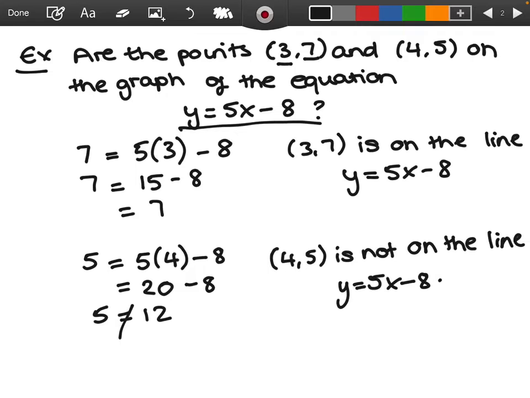But the general form of a line is normally something times x plus something times y is equal to a constant. So same deal as what we have done here, except this time I'm going to plug a particular point into a line that is put in general form and not the slope-intercept form. It's going to work in exactly the same way where I plug in x and I plug in y and I see if the equation is satisfied. It's just going to look slightly different when we plug it in.